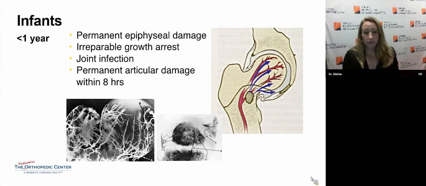You can see on the bottom images the blood vessels that extend from the metaphysis into the femoral head in this case, and on the right image, those blood vessels go across the physis and into the epiphysis. So it's basically a direct connection, and it can spread from the blood throughout the bone and even into the joint. And there's no protection from the growth plate from this direct extension in patients less than 1 year.